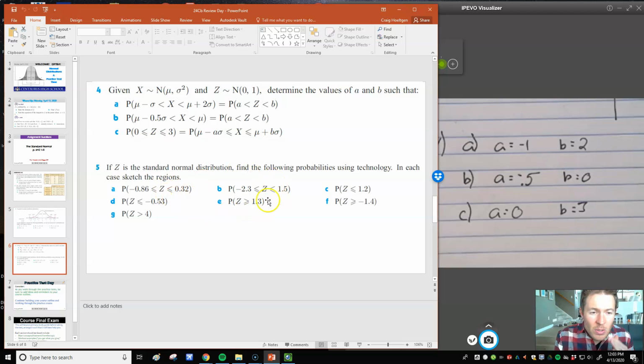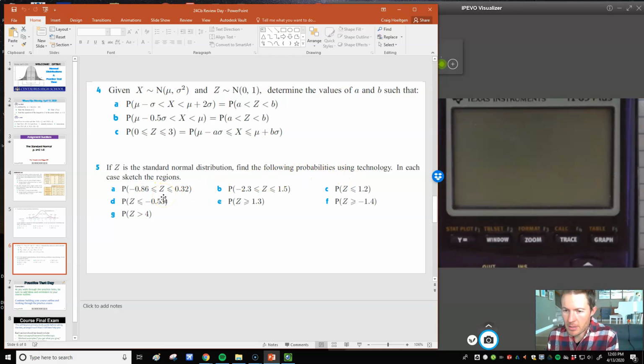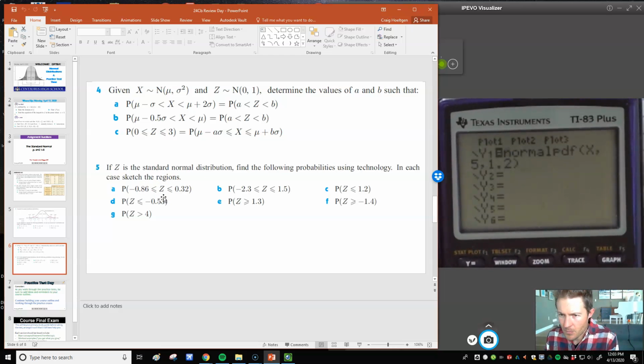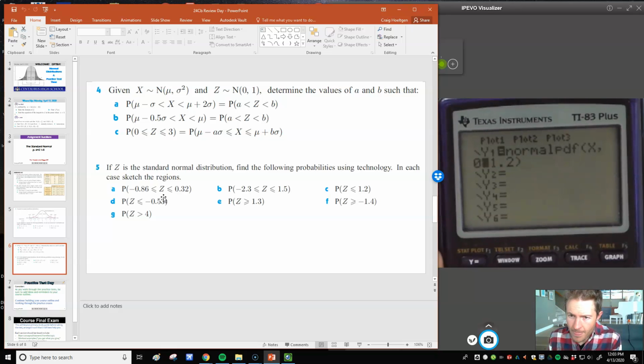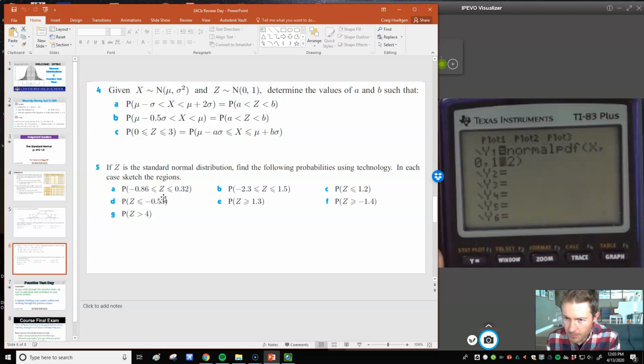Okay, and these ones here, you should be using your calculator, using technology. What you want to do is, let me bring the calculator over here and show you. So we're in normal PDF. Our variable, I'm going to leave as a variable, but here's the big piece that you might not catch. Our mean, because it's Z, is always 0. Our standard deviation, because it's, again, Z, is always 1.